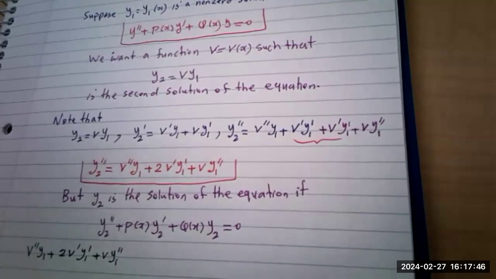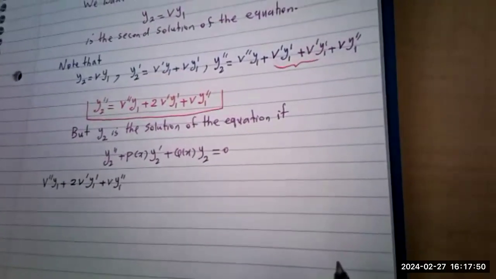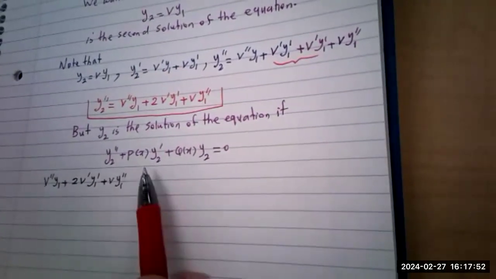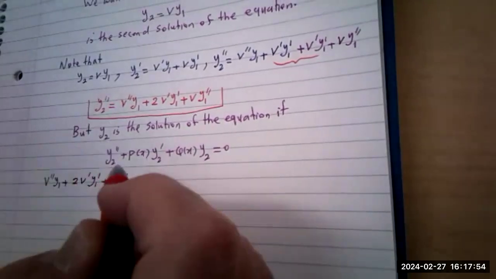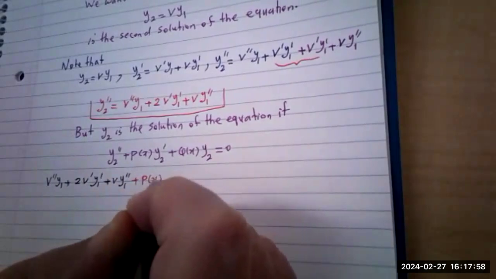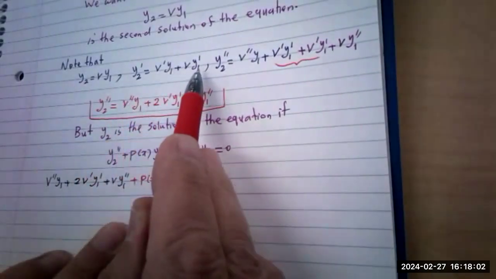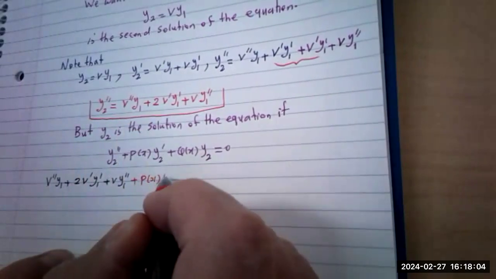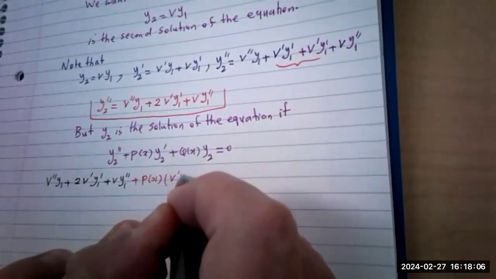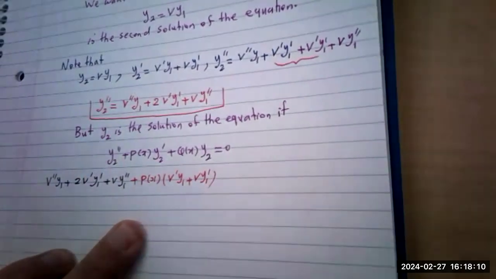Okay, so continue. The next step is going to be plus px times the y2 prime. The y2 prime is v prime y1 plus v y1 prime.